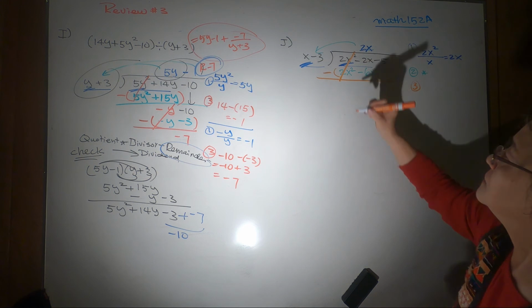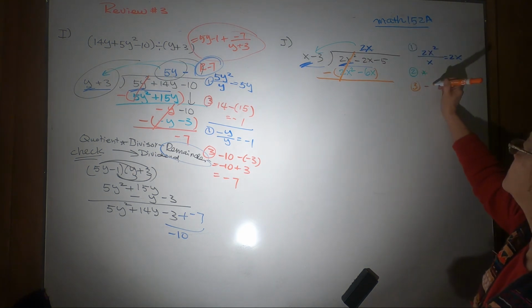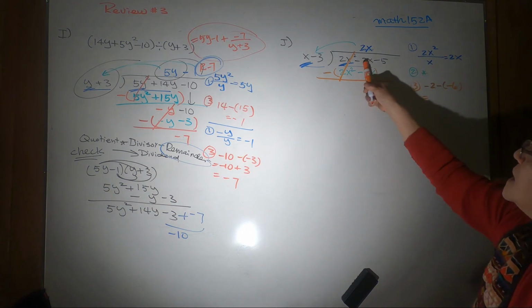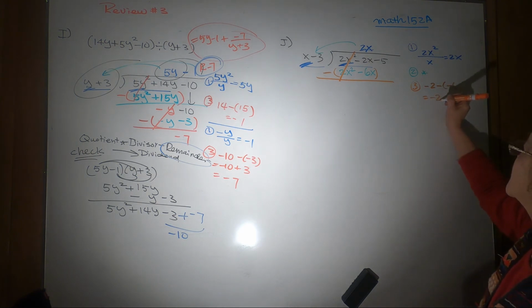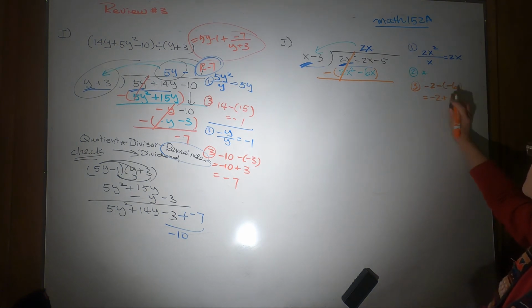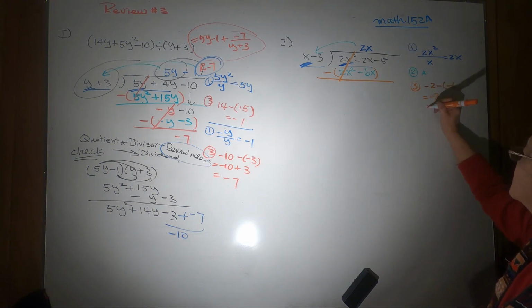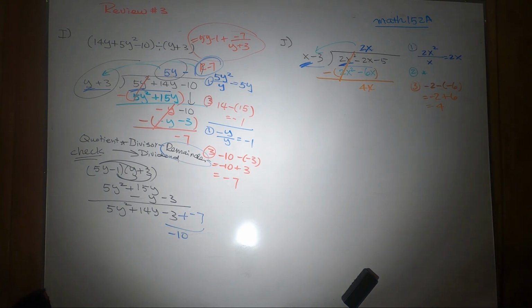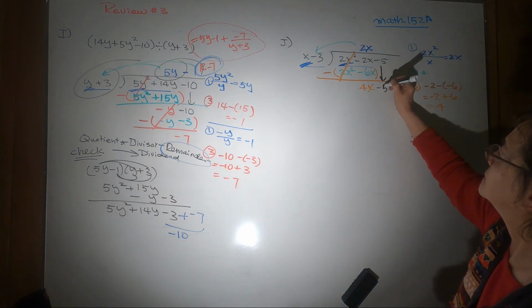So, first terms cancel out. Next one, you better do it right. -2 minus -6. That would be what? So that would be -2 plus 6, which is what? 4. So you should have 4x here, right? Then what's the next step? You drop down, right?